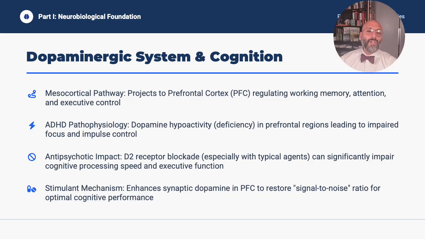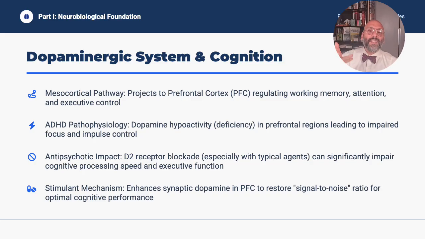Stimulant medications work not by flooding the brain with dopamine, but by enhancing synaptic dopamine availability, specifically in the prefrontal cortex. It improves that signal-to-noise ratio, strengthening task-relevant signals and suppressing background noise.